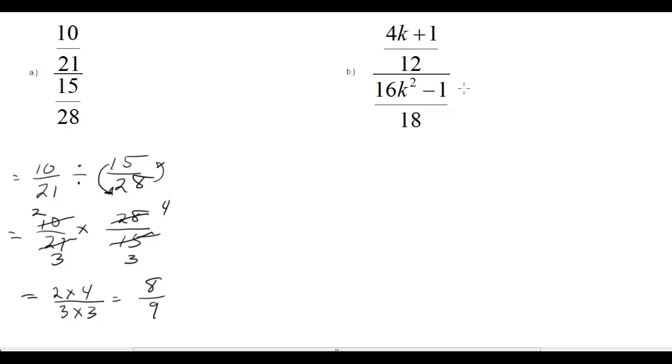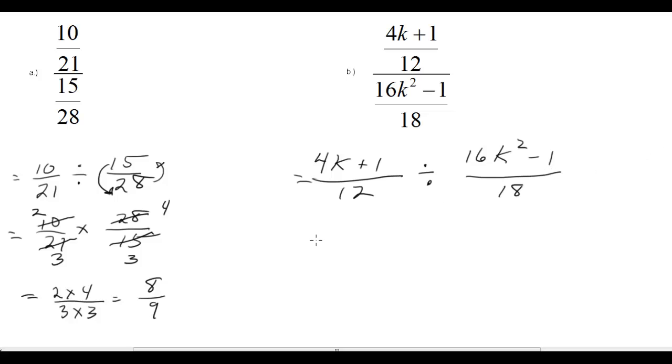Alright, let's do the slightly more complex one. And it's the same deal. The numerator is a dividend, 4k plus 1 over 12. That's a dividend. And it is divided by a divisor that is 16k squared minus 1 over 18.